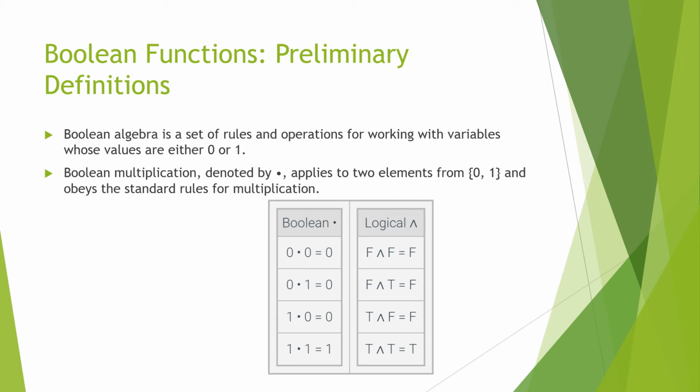For example, the conjunction of f and f is f, the same way that the multiplication of 0 and 0 is 0. Conjunction of false and true is false. This is the translation of 0 times 1 equals 0. Conjunction of true and false is false. That's the translation of 1 times 0 equals 0. And finally, the conjunction of true and true is true. That's the translation of 1 times 1 equals 1.